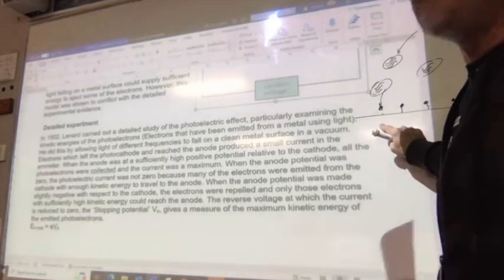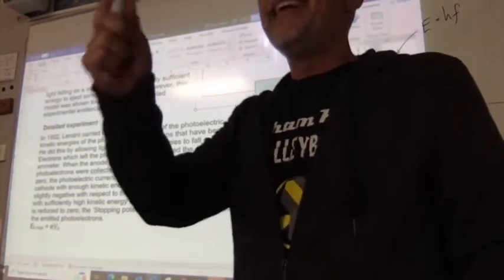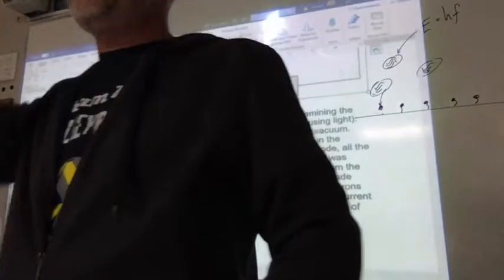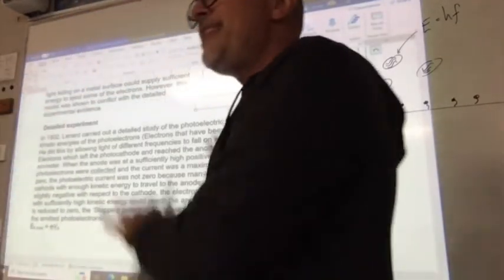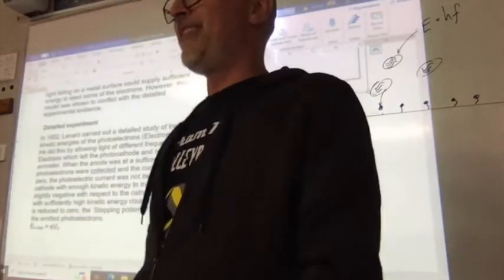So if it's 10 joules of energy to break the bond, but you hit the electron with a packet worth 20 joules, yes, 10 joules is used up in breaking the bond. It's still got 10 joules left. What's that 10 joules show us? Kinetic energy. You can figure out how fast it's moving, right? By doing that. So that is the basic premise, and you have learned in this topic a few little funky equations to let you do something with it, okay?